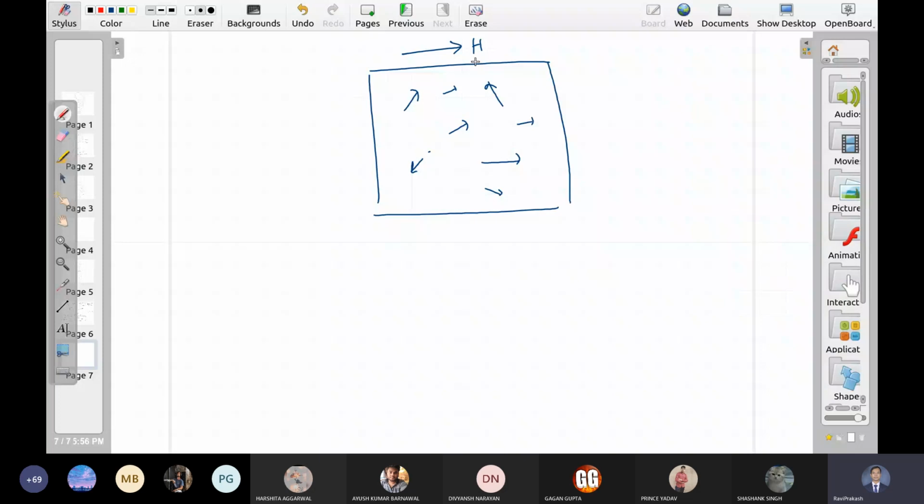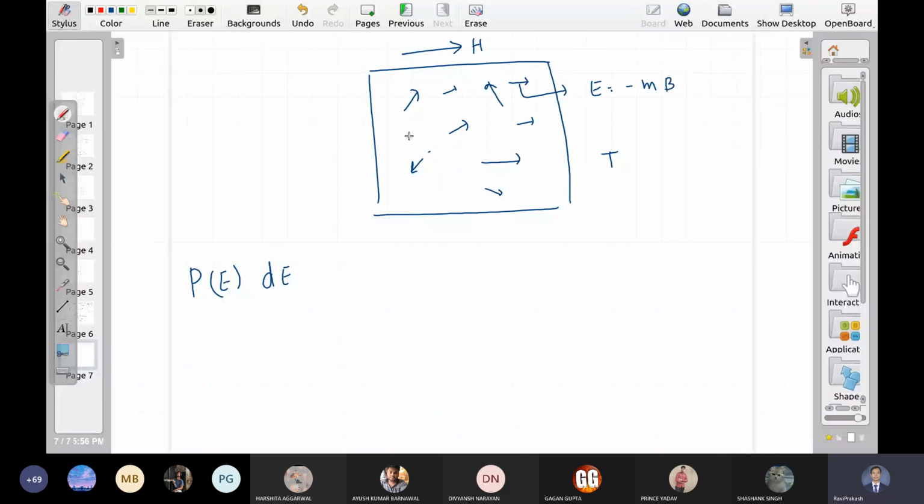What is the distribution? क्या distribution होगा इनका at some temperature T? Distribution is given by this formula. Magnetic moments. So those who are parallel, जो parallel है field के, इनका energy कितना है? E is equal to minus mb.